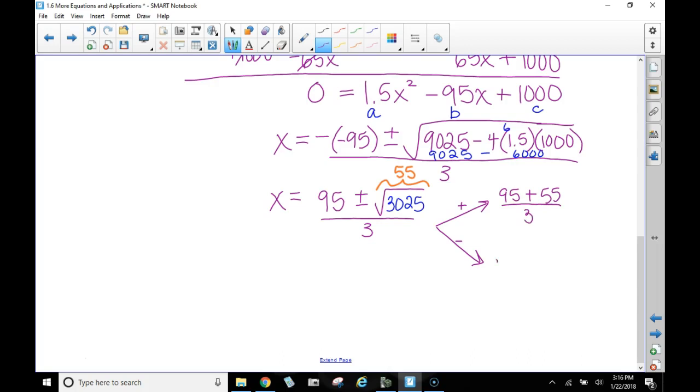And we will also have with the minus 95 minus 55 divided by 3. Okay? So 95 plus 55 is 150. When we divide that by 3, we get 50. And that is actually miles per hour in the clear weather.